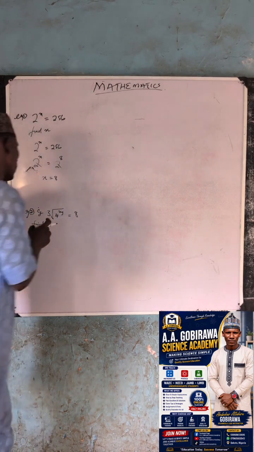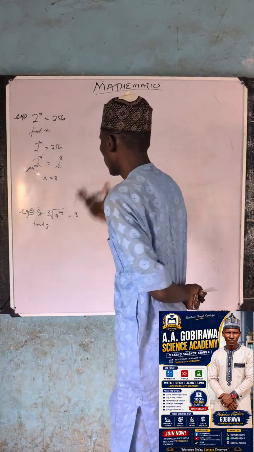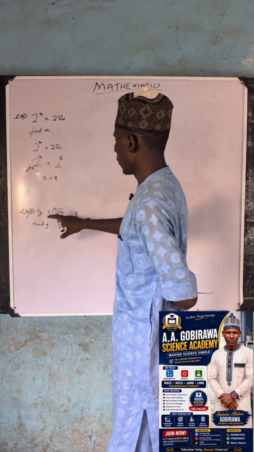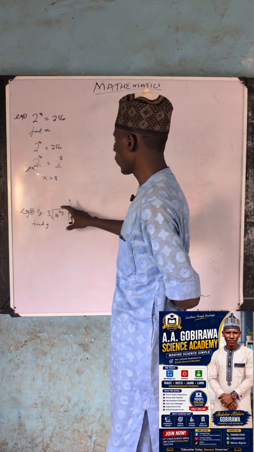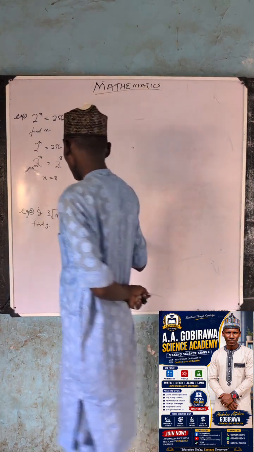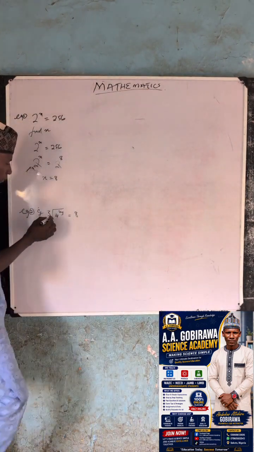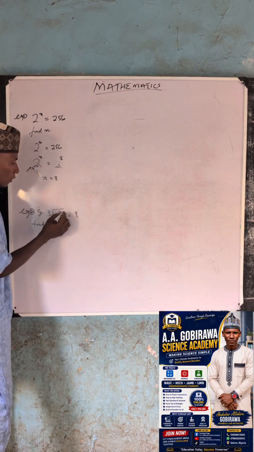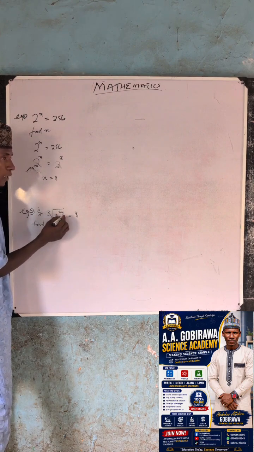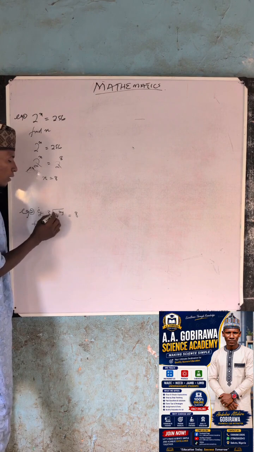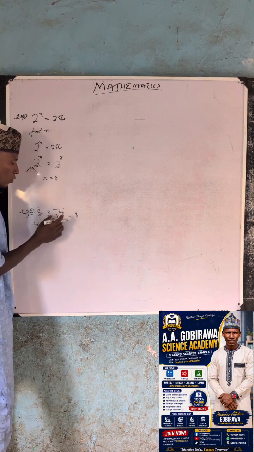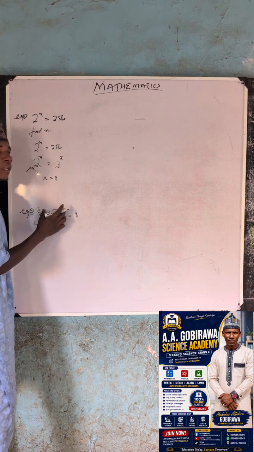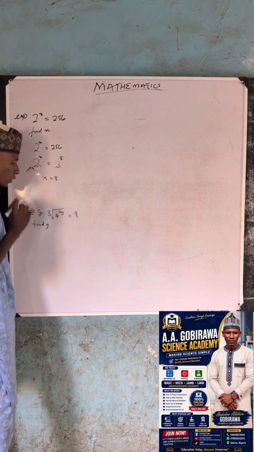So yanzu in this case, kaga an ba mu muna da 3 cube root of 4 power 2y ko? So yanzu kaga nan muna da what? Wanga dai mun san power luna, ko ba haka ba? Wanga mun san negative index na, ko ba haka ba? Ko mu ce fractional index ko? So kaga yanzu nan muna da kusan law biyu na indices akwai cikin wanga questions ɗin ko?